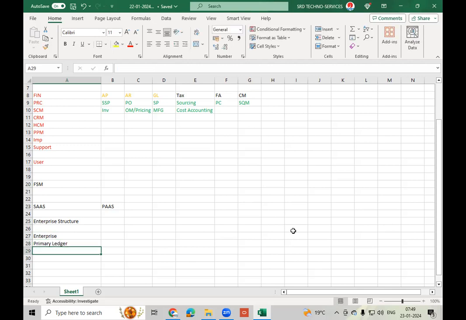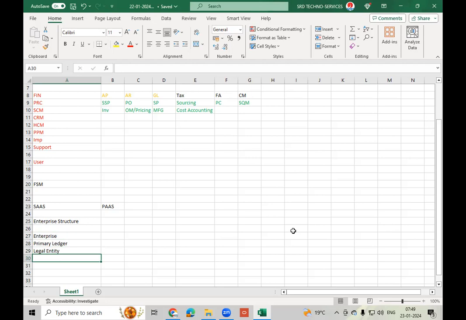It's a financial book. Next is legal entity. Here I'll define which companies are registered legally.